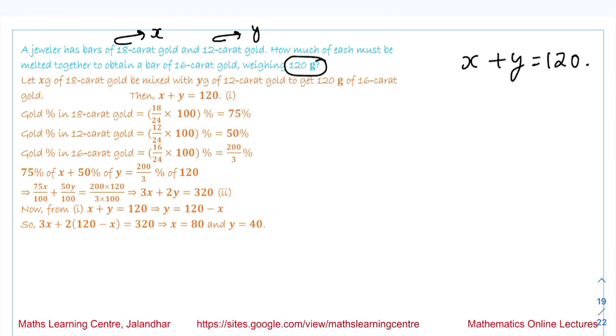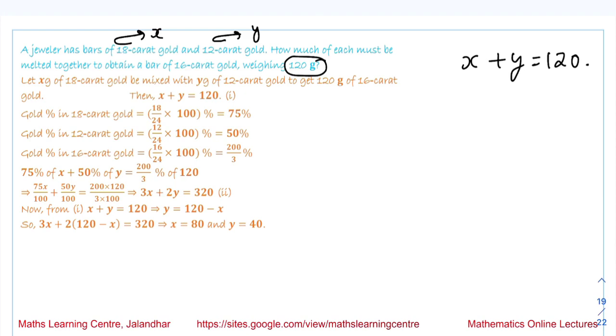Carat is just like the concentration in terms of acids. This is just like the concentration over here. So 18 karat means it is now not out of 100. When we are talking about carat, it is out of 24.